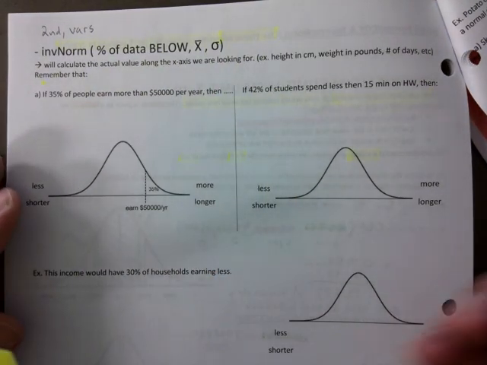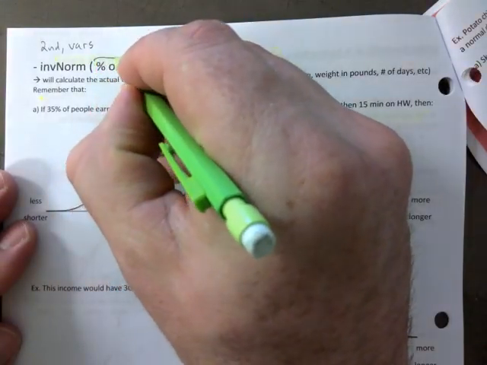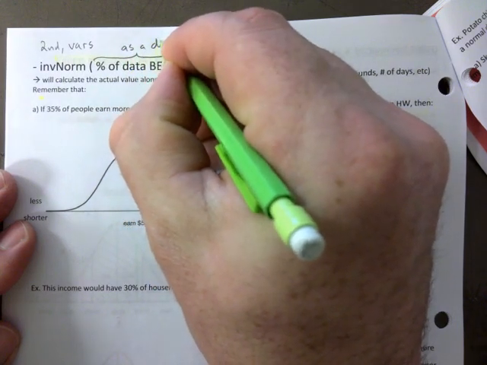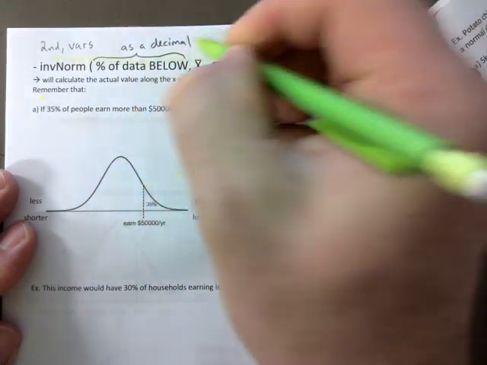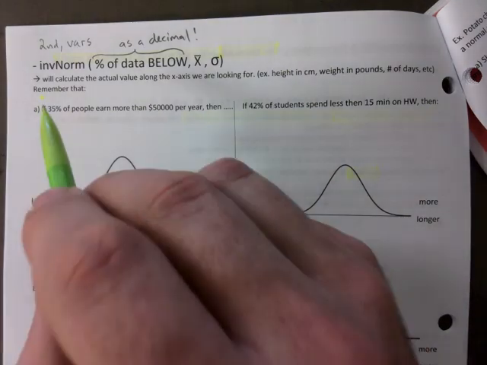I have to make sure you understand. Make sure you copy this down as a decimal. If you don't get that as a decimal, you have to turn your percentages to a decimal, so you have to divide by 100. What will it do?